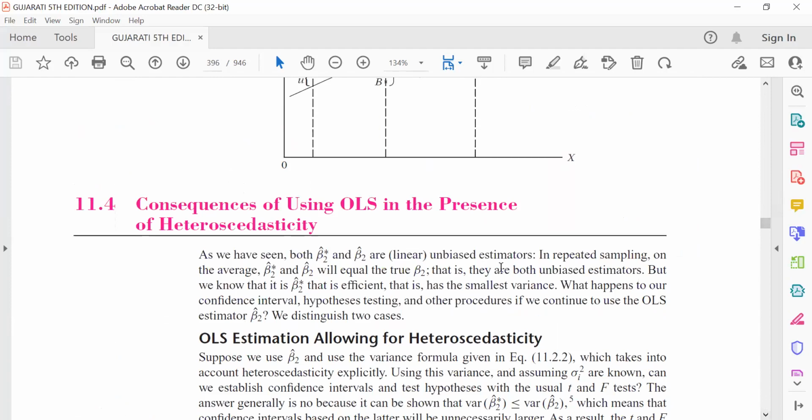Okay, consequences of heteroscedasticity on our model.